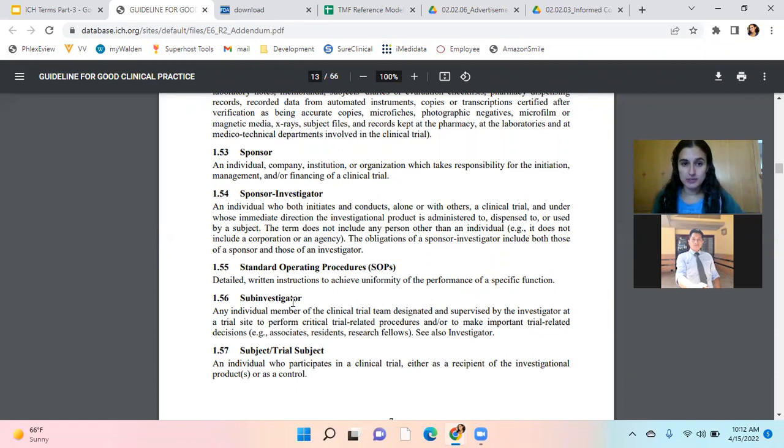Okay, we've talked about SOPs, standard operating procedures. Maybe it would be good, as a future meeting, to look at some very basic SOP template on the TMF, so you can get an understanding of what an SOP really is. It is detailed written instructions to achieve uniformity of the performance of a specific function.